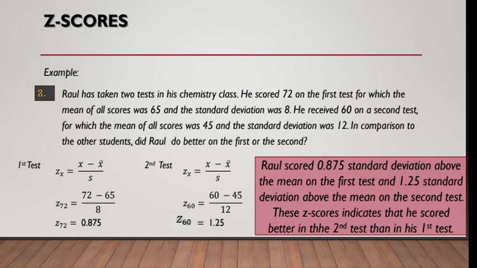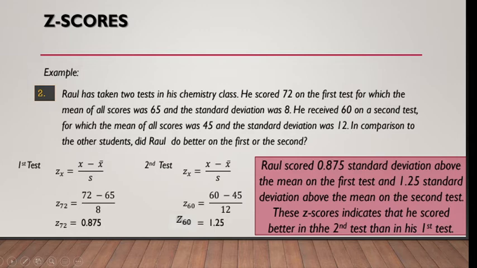In comparison to the other students, did Raul do better on the first or the second test? In finding the z-score value, we will use the formula z sub x, which is the sample formula we use. So z sub x is equal to x minus mean over standard deviation.